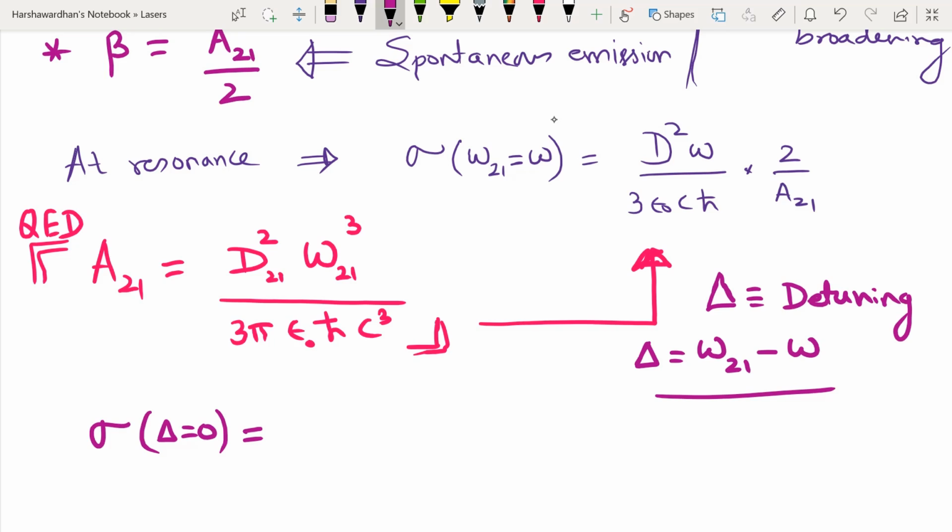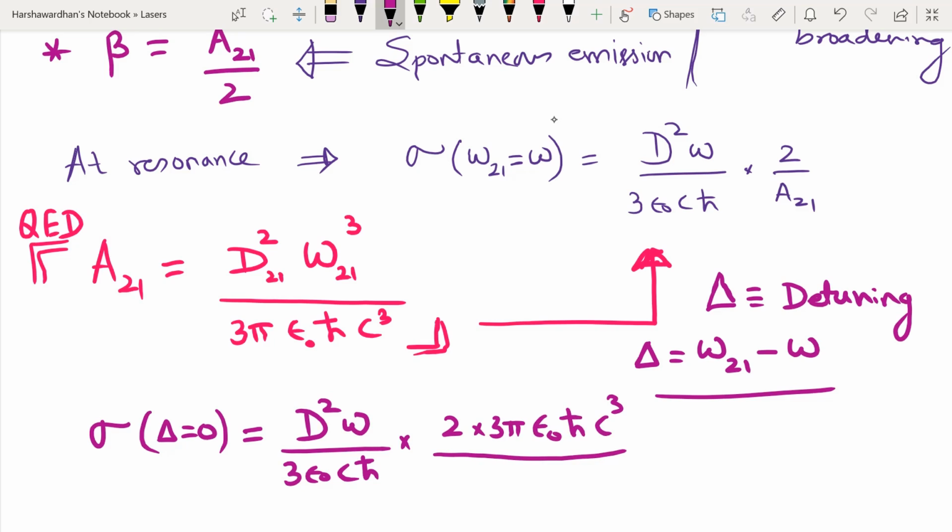So you have d square. Of course, this omega is the same as omega 21. So there is 3 epsilon naught c h cross, times 2, into 3 pi epsilon naught h cross c cube divided by d square again times omega cube again.